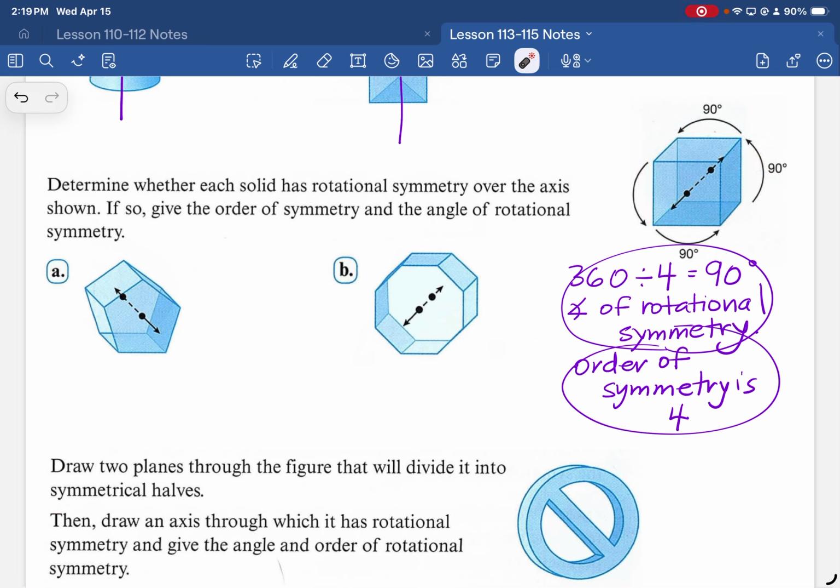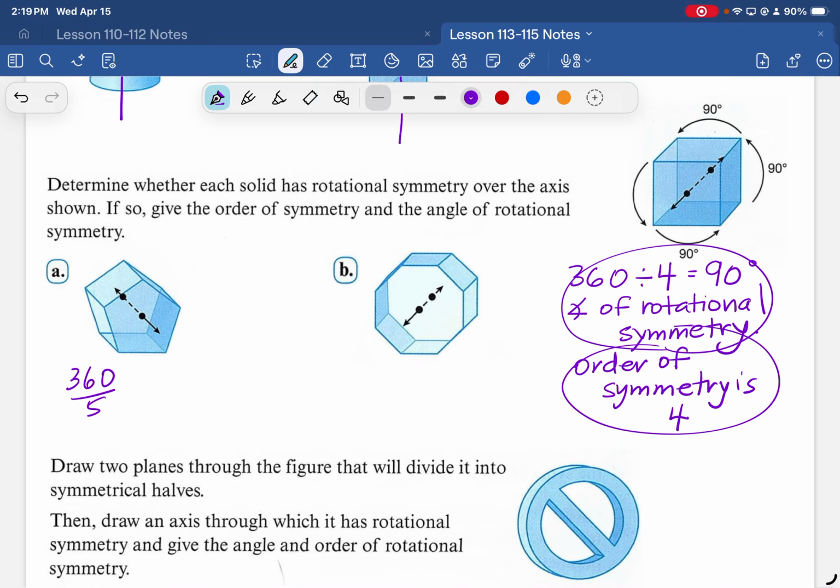Okay, so let's do another one together and then you'll do B on your own. All right. So, how many sides do you see on this pentagonal prism? 5. So we're going to take 360 and we're going to divide by 5 and tell me what we get. Very good.